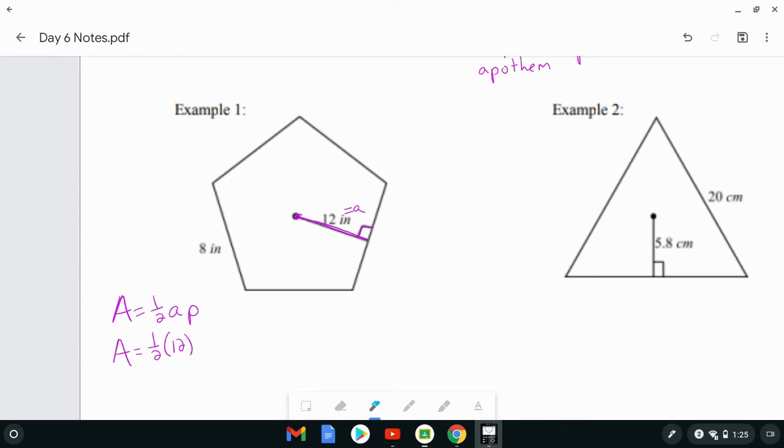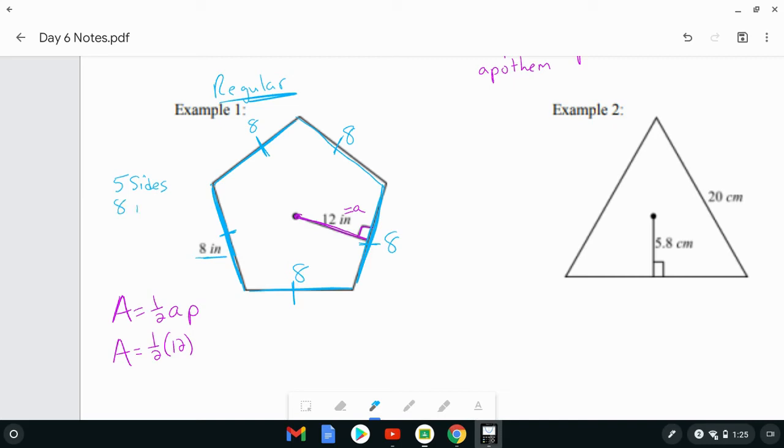Well, these formulas are only for regular polygons. And we just said at the beginning here, in order to be a regular polygon, all sides have to be congruent. So if they're giving us this one side is 8, right? Then all the other sides also have to be 8. So you can either add 8 5 times, or there are 5 sides.